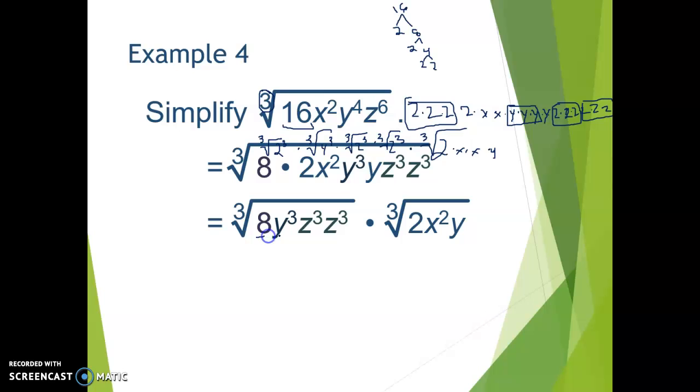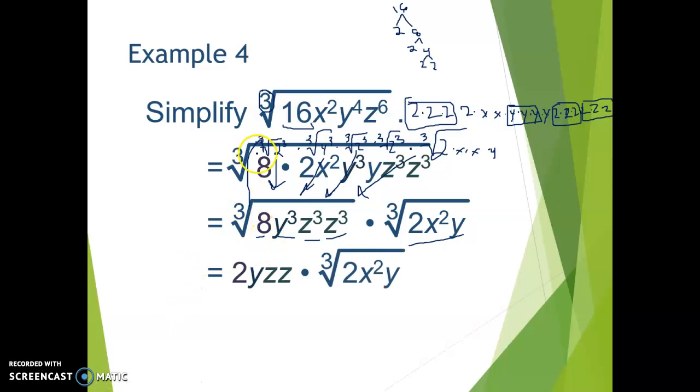Okay, here's all of our perfect cubes, which is what I have listed up here. There and there and there and there. And then here's all of our leftovers, 2 and then x and y. Okay, the cube root of 2 cubed is just 2, and the cube root of y cubed is y, and the cube root of z cubed is z, and the cube root of z cubed is z.